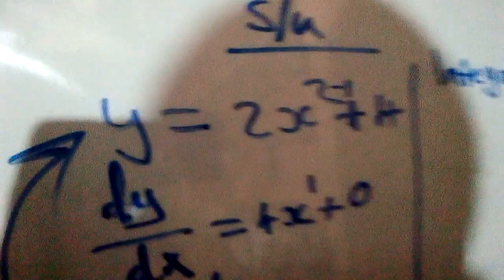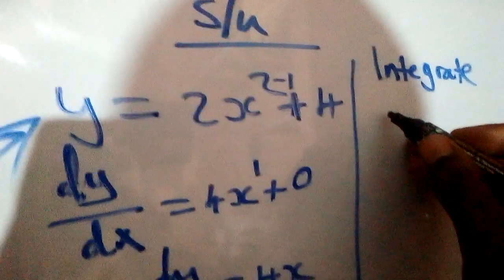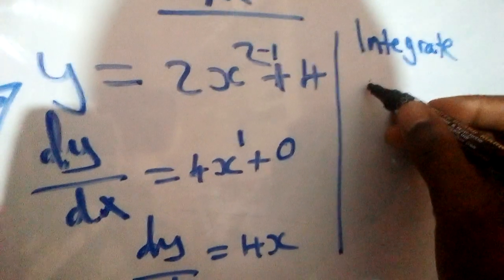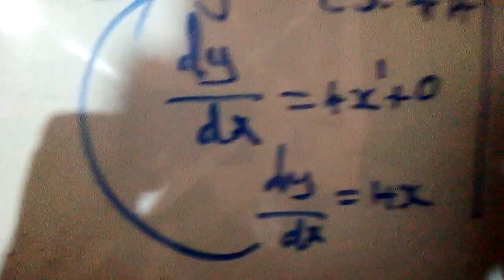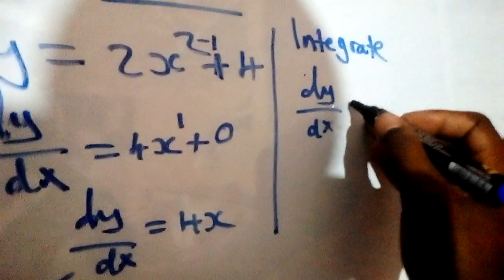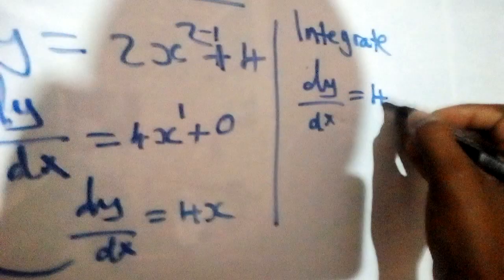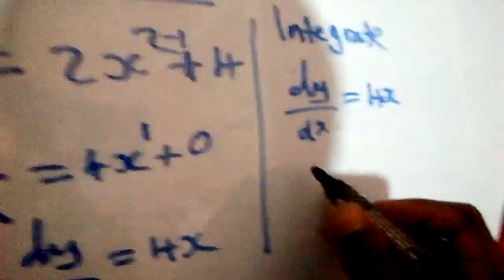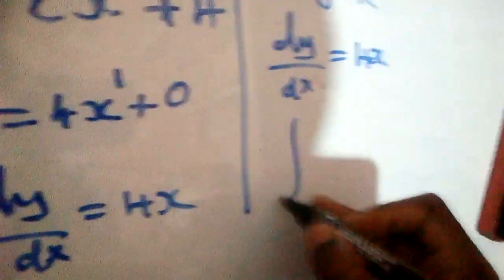Okay, so what you do here is we're integrating with this particular symbol. Remember the answer here is dy/dx equals 4x. This is the answer, right? Now I want to reverse this one, so we're going to integrate. We use this symbol here, the integral symbol.